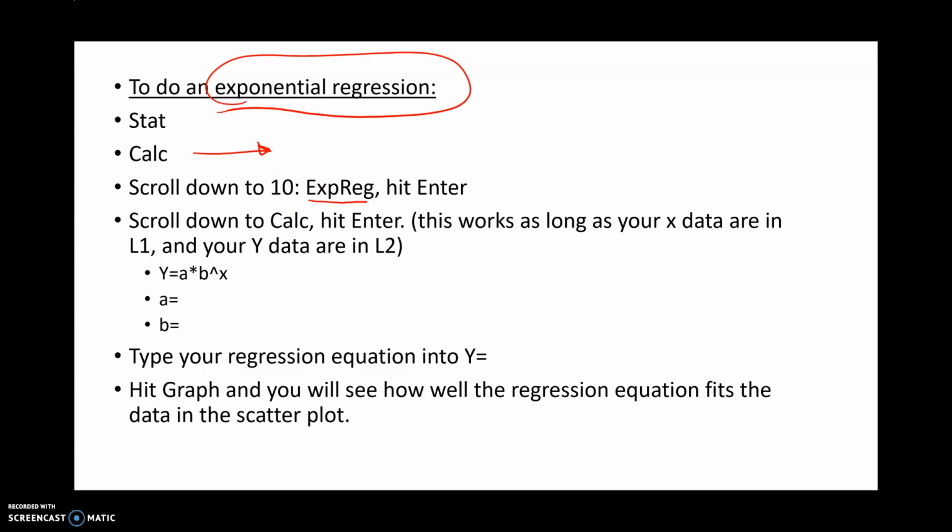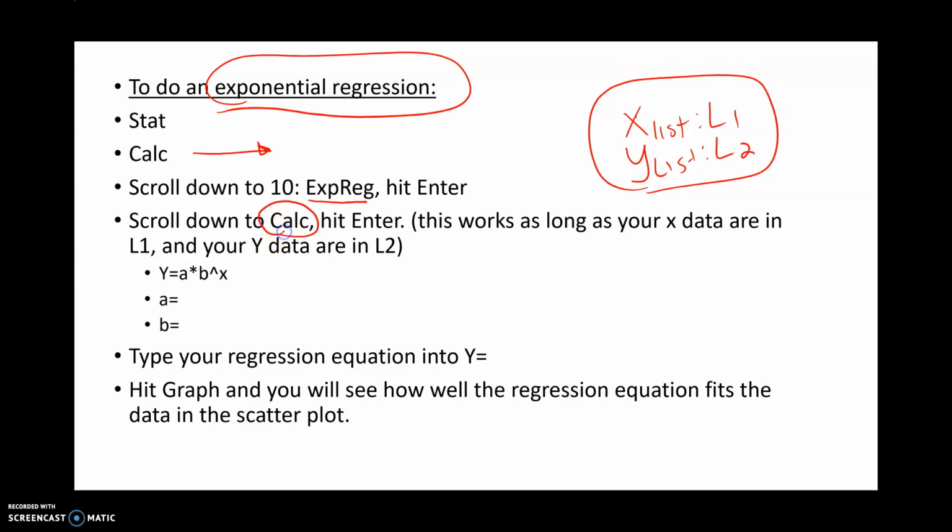This is all things we've seen before with linear regressions. It says X list L1, Y list L2. As long as your data are in those two lists, all you have to do is scroll down to Calculate and hit enter, and it'll give you the information.